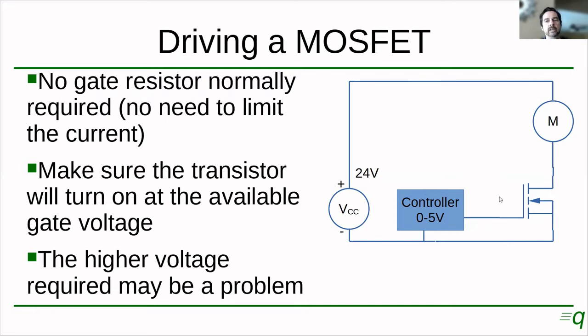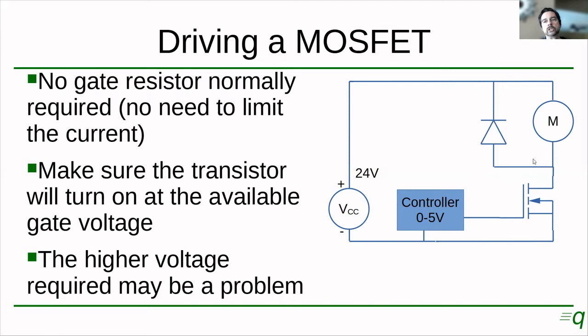Especially with higher power transistors, they may need a higher gate voltage to turn on, and we may have to add more circuitry here between the controller and the transistor. But we're not going to get into such details. Just be aware that that's a possibility.